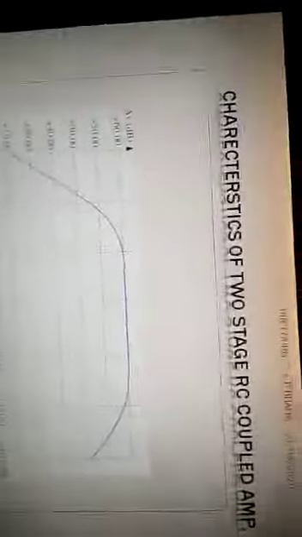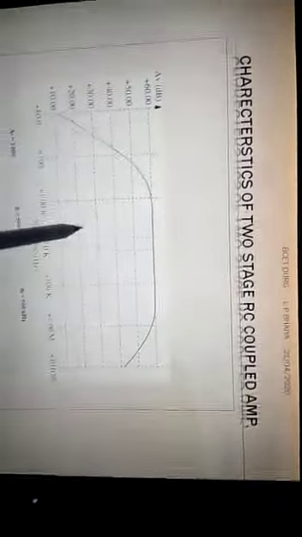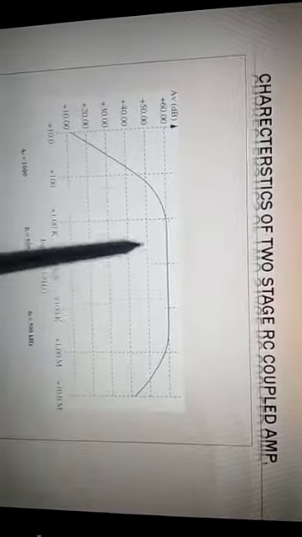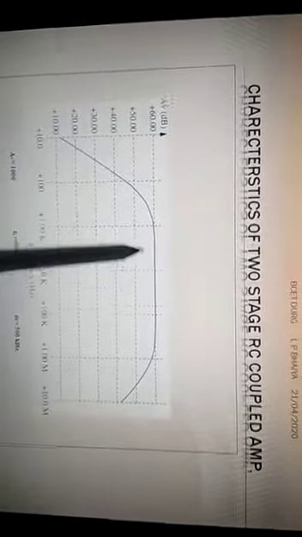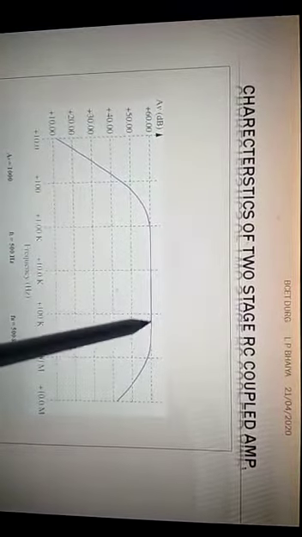This is the characteristics of the 2-stage RC coupled amplifier. Here you can see this is one cutoff frequency, this is another, higher cutoff frequency. The difference between these two cutoff frequencies is called the bandwidth, and within this bandwidth we will get constant output.